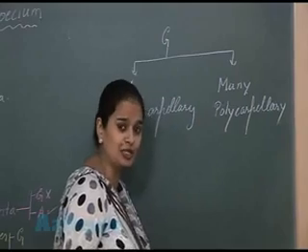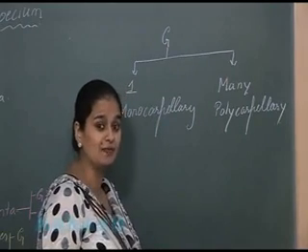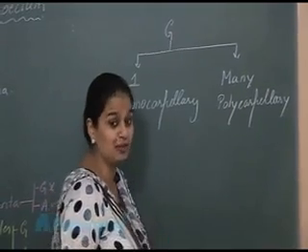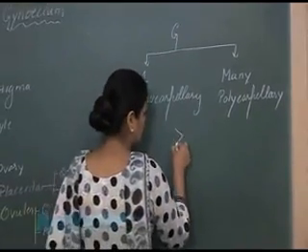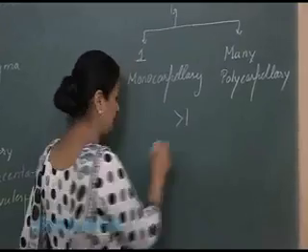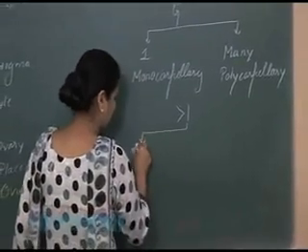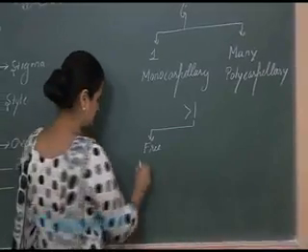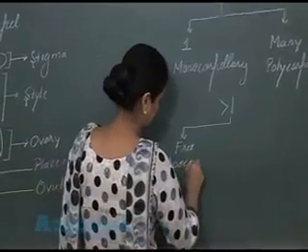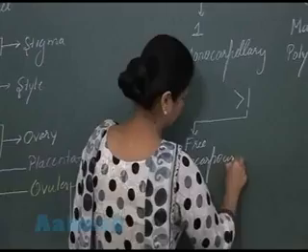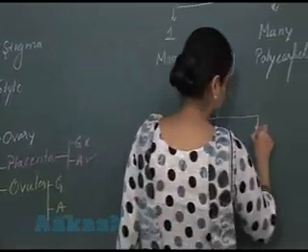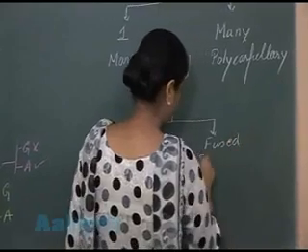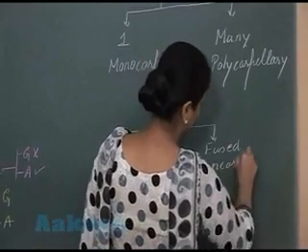If the gynoecium contains more than one carpel, then these carpels can be free or fused. When the carpels are free, this is known as apocarpous condition. And if the carpels are fused, we call it syncarpous gynoecium.